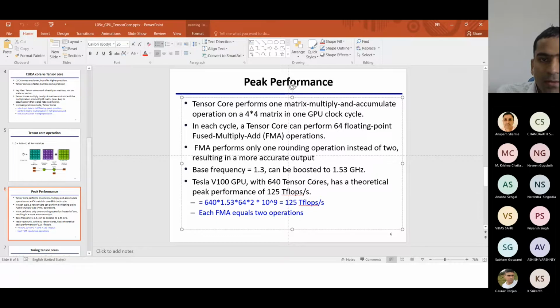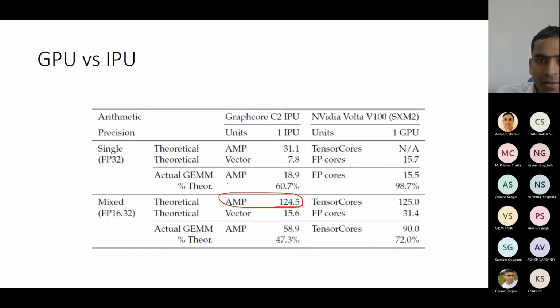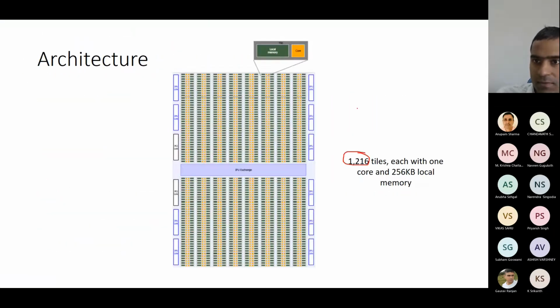And here we have double. If you multiply 640 with 2, how much do you get? Almost double, right? So it has double the number of tiles.